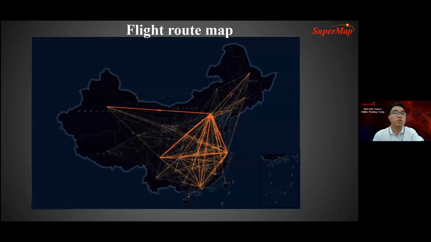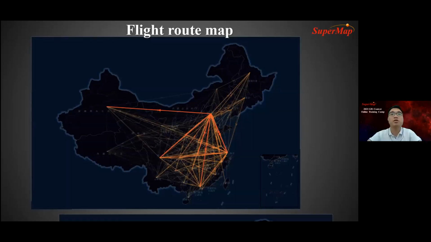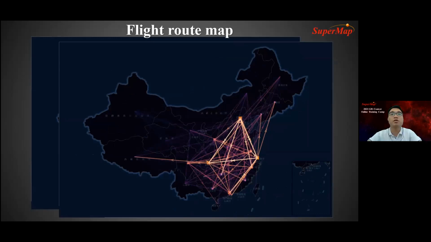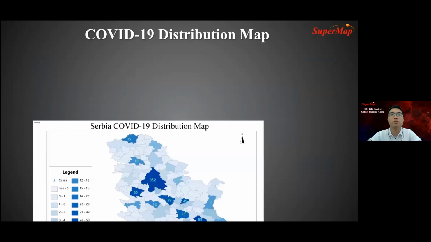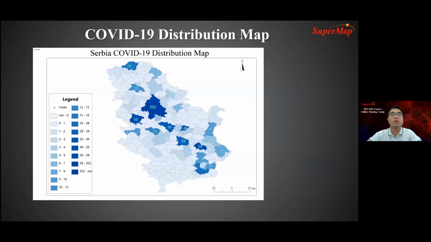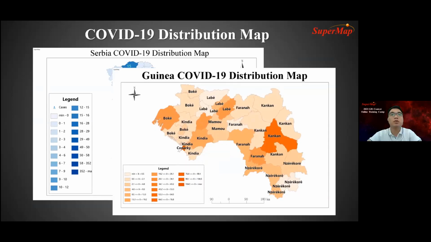And also the flight route map. The flash flood distribution map. And also you can make some map of COVID-19. This is the distribution map of Serbia and Guinea.